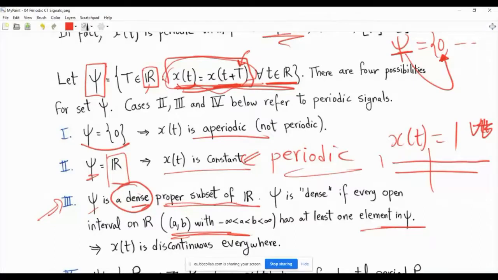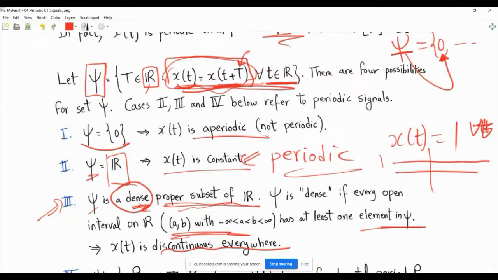So there are periods here, and those signals for which a period belongs to a dense proper subset of R can be shown to be discontinuous everywhere.